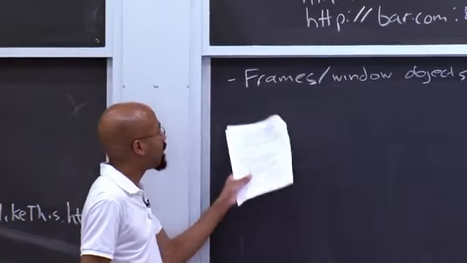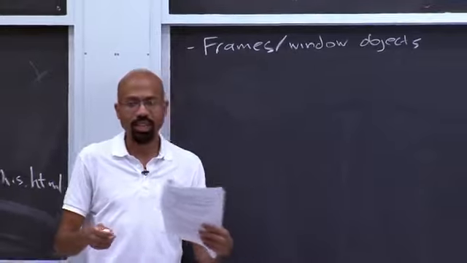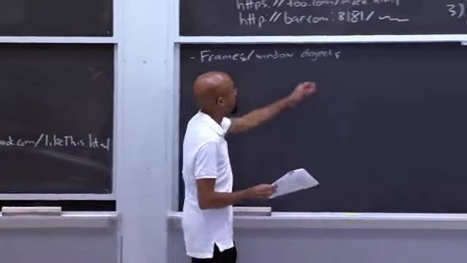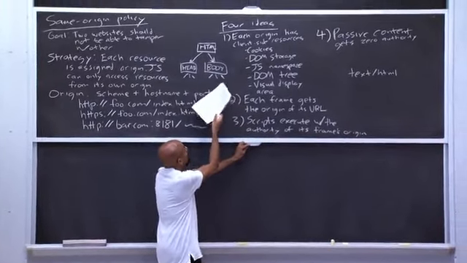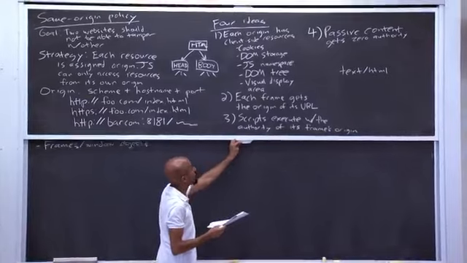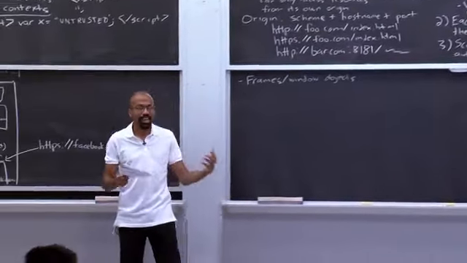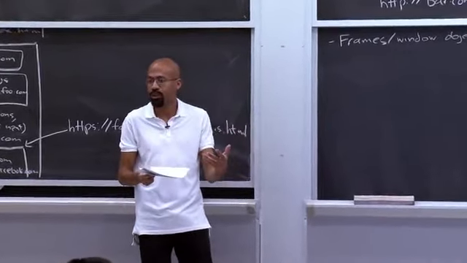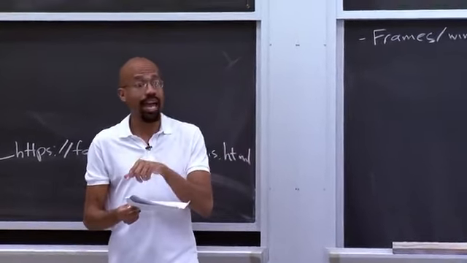Implementation-wise, a frame with respect to JavaScript is an instance of a DOM node, right? So I forget where I drew. Oh yeah, this DOM node up here. So the frame would exist as a DOM node object somewhere in this hierarchy that's visible to JavaScript. In JavaScript, the window object is actually an alias for the global namespace. It's kind of this wacky idea. But if you define this global variable named x, you can also access it via the name window.x.